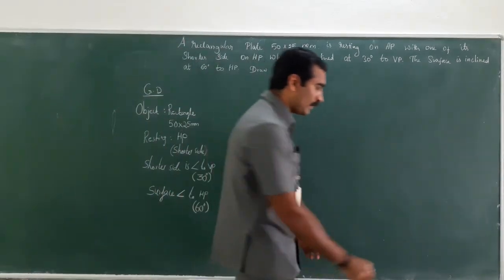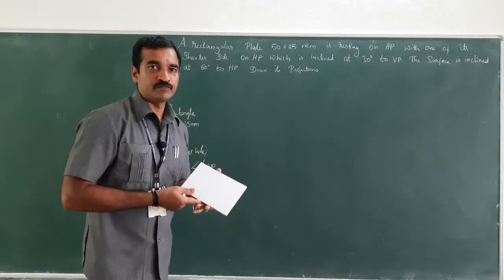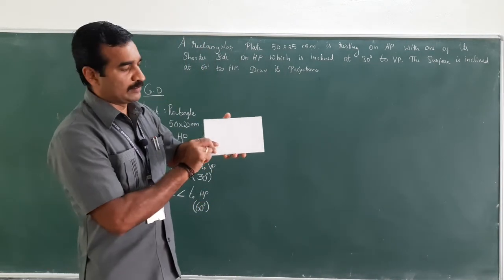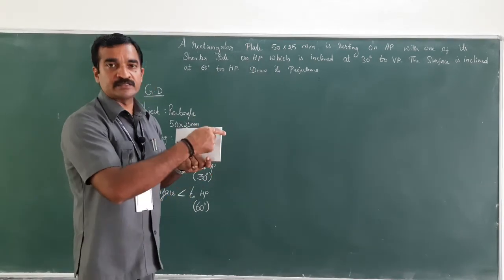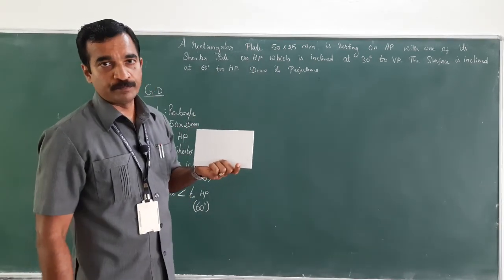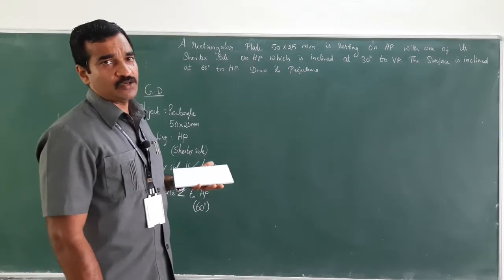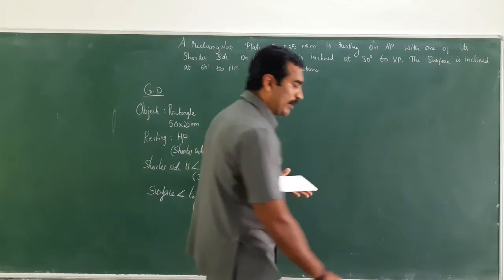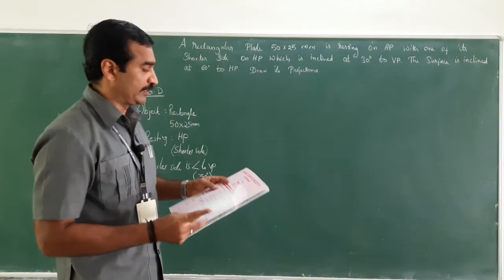Fine. Here the object is a rectangle. So assume this side is 50 mm and this is 25 mm. How is it resting? It is resting on HP with one of its shorter sides.